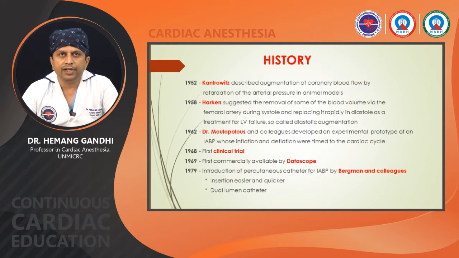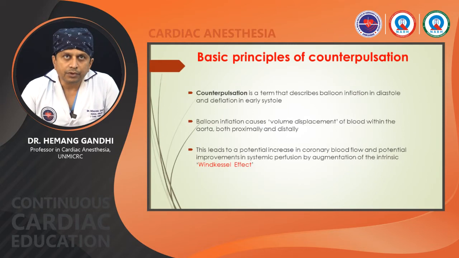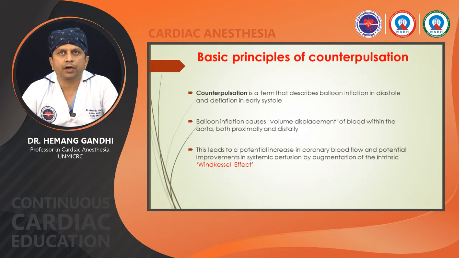In 1979, after 10 years of the first commercially available IABP, Bergman and colleagues introduced the percutaneous catheter for the IABP, which is easier and quicker to insert, with a dual lumen catheter, which we will see in the later part.